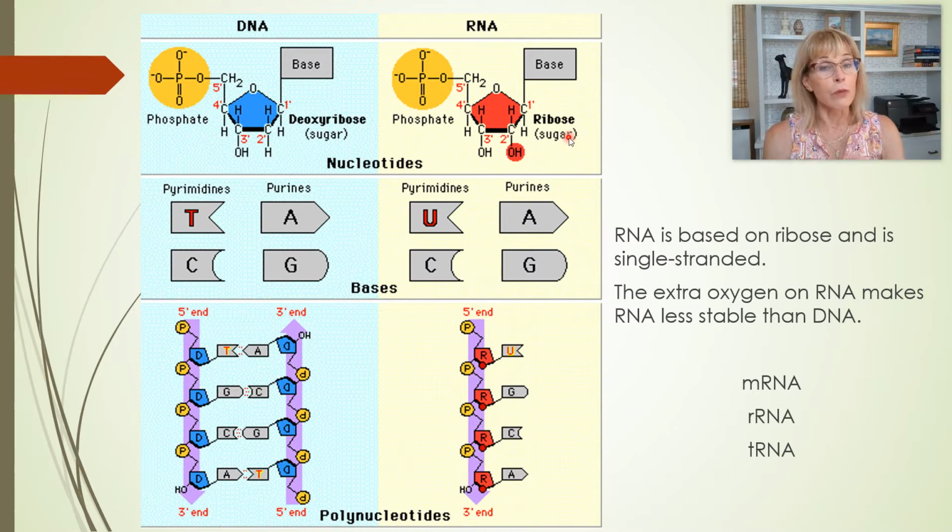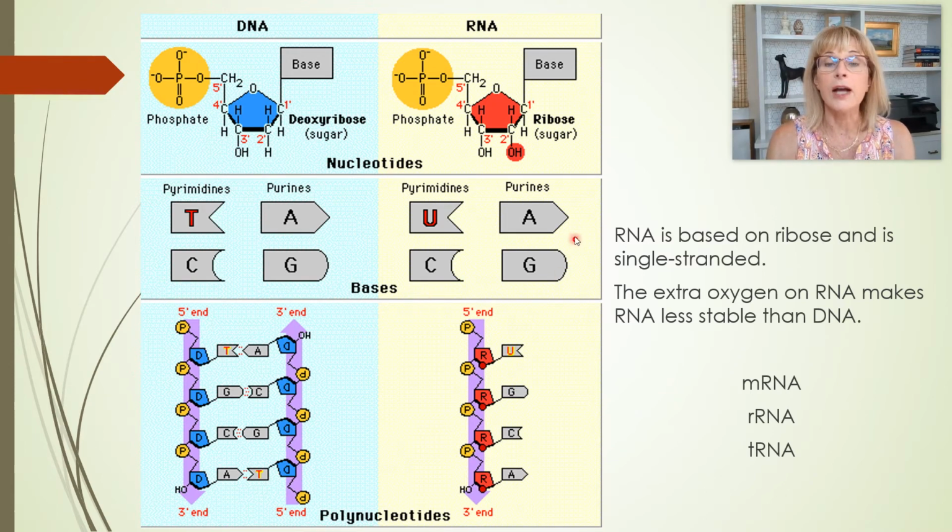Now, I was not asking you if the letters ribose are in DNA, okay? I'm asking you if there's ribose. Ribose is a different sugar from deoxyribose. So in DNA, there is deoxyribose, no ribose, and in RNA, there is ribose, no deoxyribose, okay? But otherwise, DNA and RNA are made out of nucleotides, and nucleotides are a phosphate, a sugar, and a base, okay?